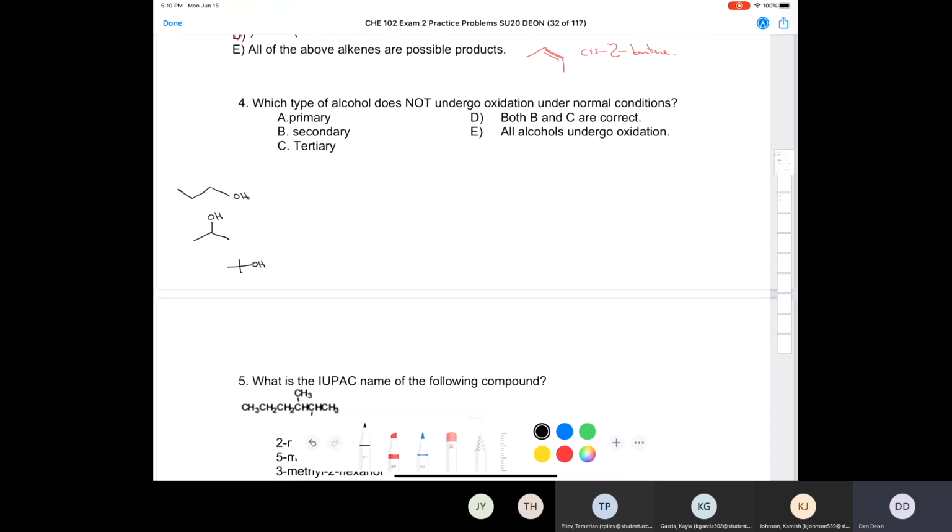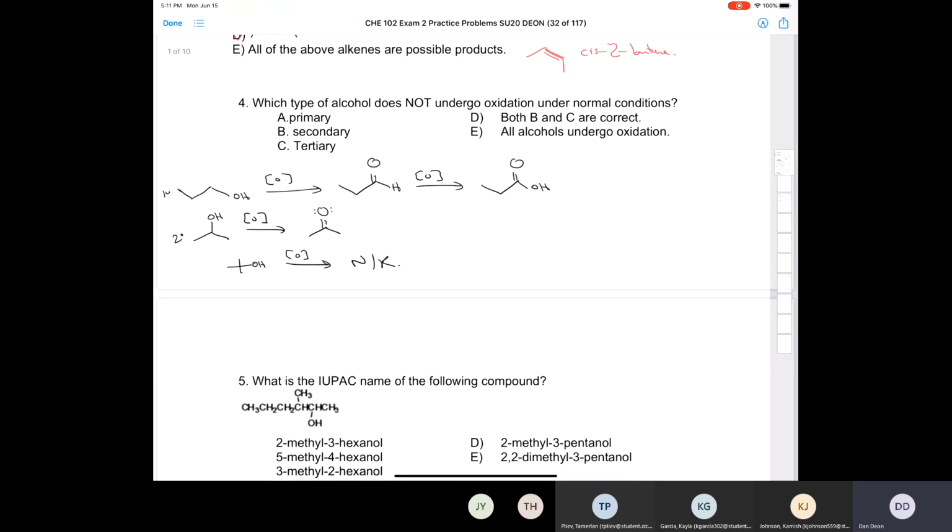Because we can take a primary alcohol and a secondary alcohol. If we take a primary alcohol, we can oxidize that to an aldehyde, and it can be further oxidized to give you a carboxylic acid. A secondary alcohol can be oxidized to give you a ketone. And a tertiary alcohol will give you no reaction. Nothing will happen when you try to oxidize a tertiary alcohol.